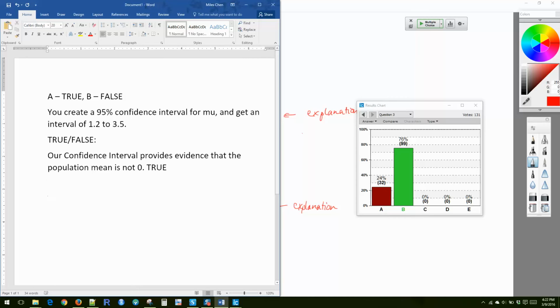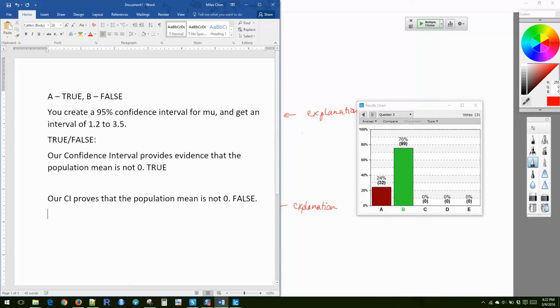If the statement said our confidence interval proves that the population mean is not 0, this would be false. Okay, so it's okay to say we have evidence against this claim. Okay, we can say we have evidence against the claim, and that is fine. But confidence intervals don't prove things. With statistics, we can't really prove anything. All we can say is this is the evidence that I have.